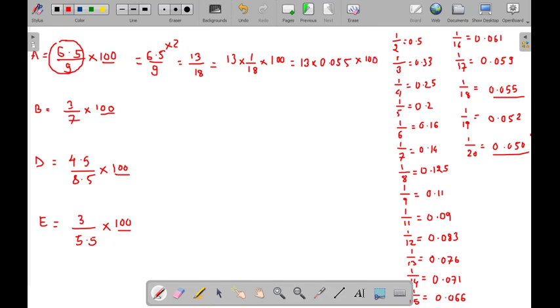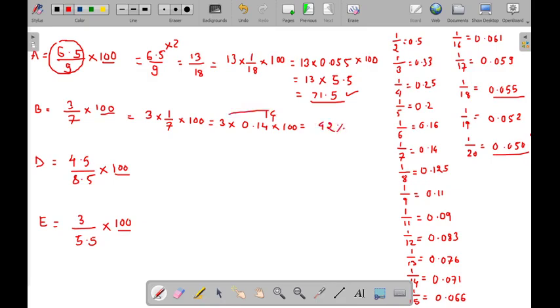This will be 13 into 5.5, which will give us 71 point something. For B, this will be 3 into 1 upon 7, which is 0.14, into 100 is 14, and 14 into 3 is 42%.